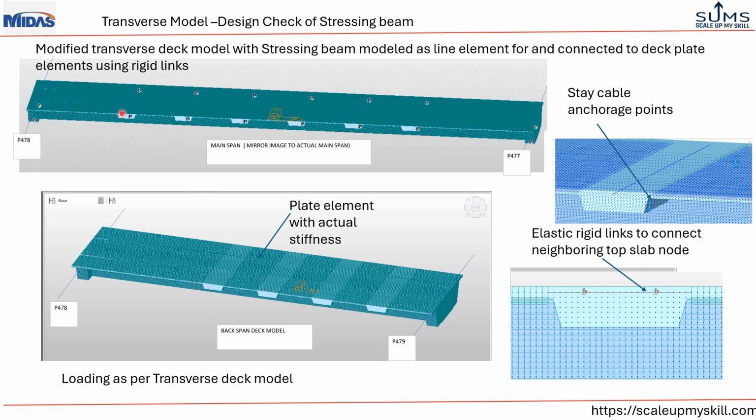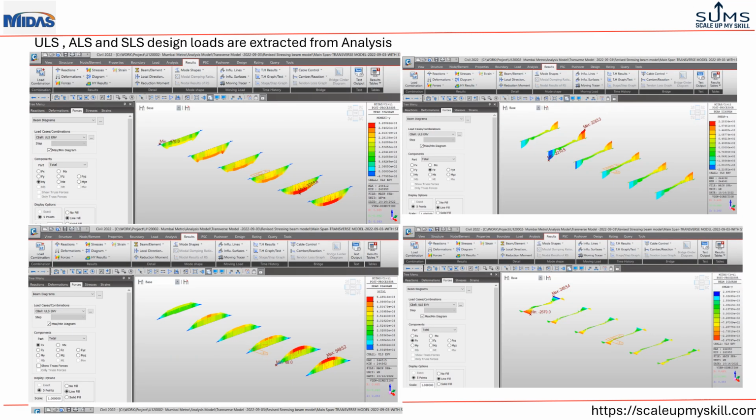So here you see instead of a solid element, now we are using a line element for the stressing beam, and this line element is connected to the neighboring plate element of the deck using elastic rigid links as you see here, and the rest of the details are the same as previously discussed in transverse design. These are the ULS, CLS and SLS design loads of the stressing beam extracted from the stressing beam model.